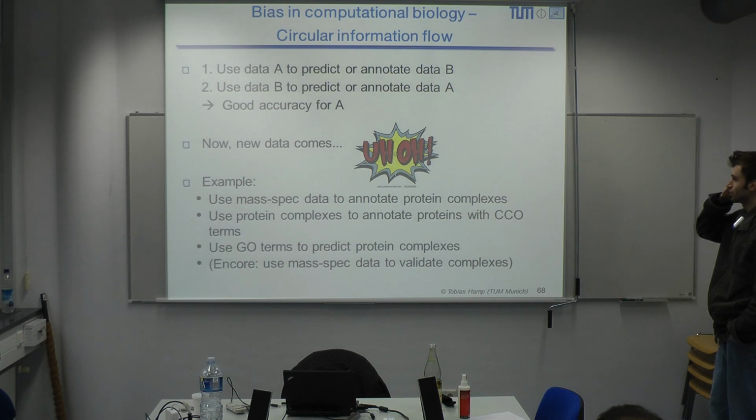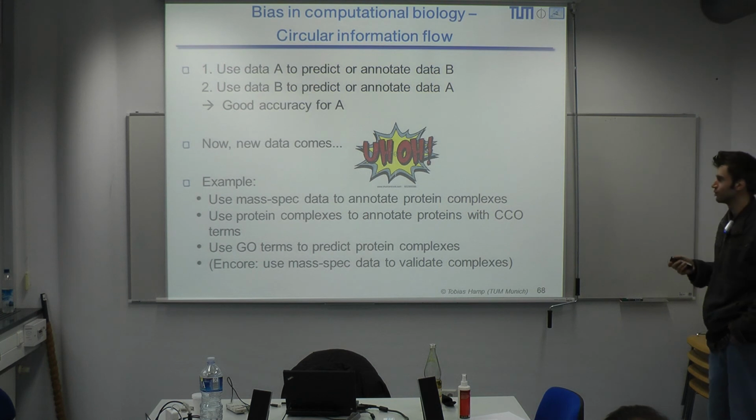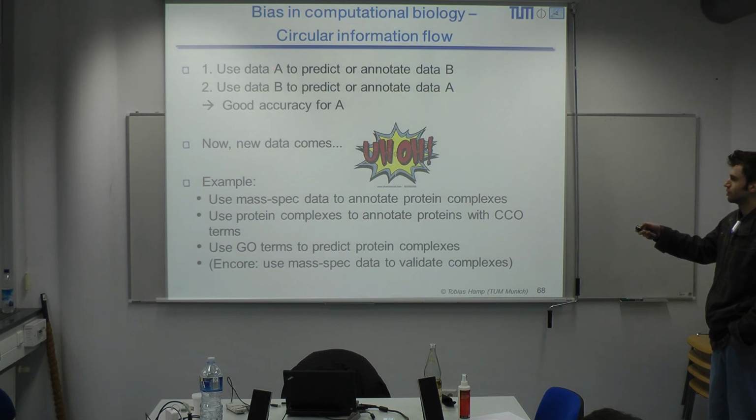Another one, circular information flow. So it sounds totally silly, but it happens more often than you think. You have one type of data A. You use it to predict or annotate data B, and then a few years pass by, and another method comes out that uses data B to predict or annotate data A. Obviously, if you do that once or a couple of times, you will improve, because information that is used to predict something is also used to, for example, evaluate something.